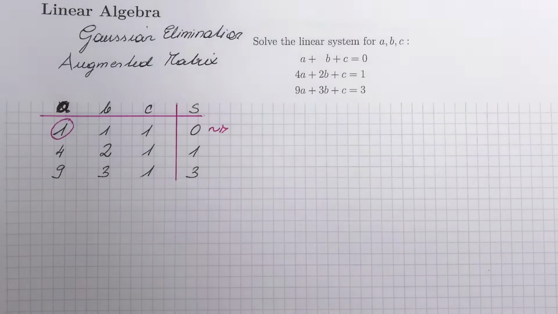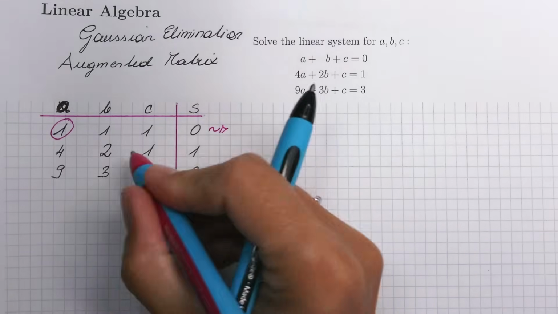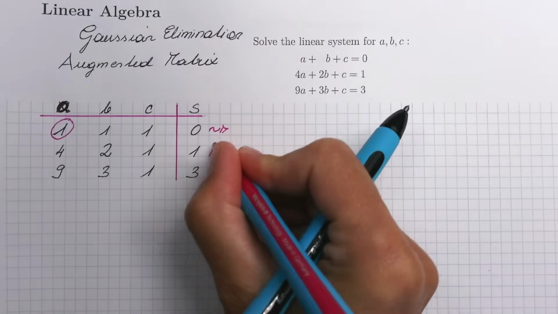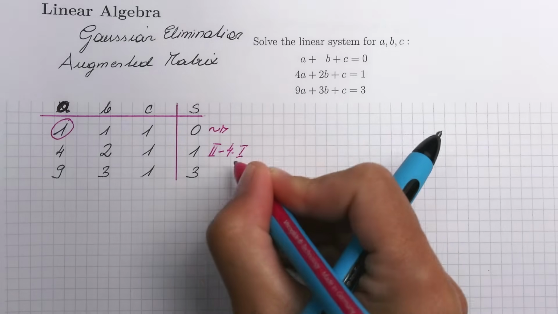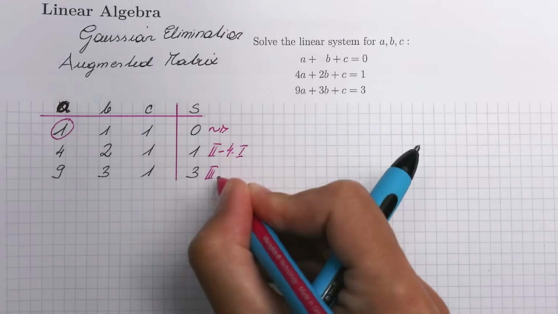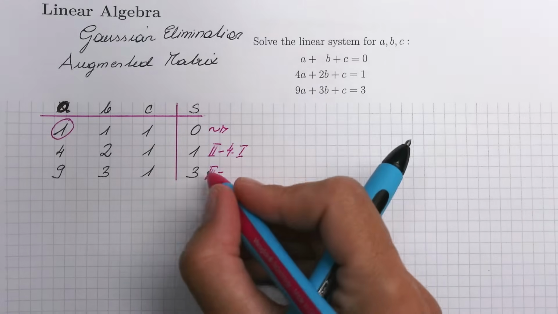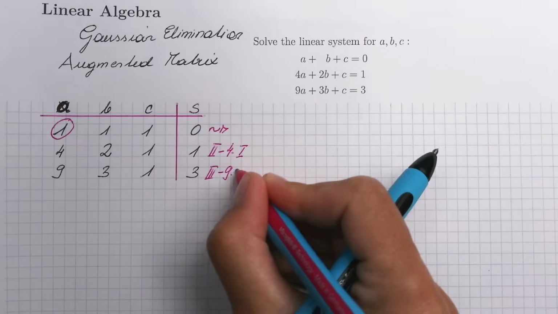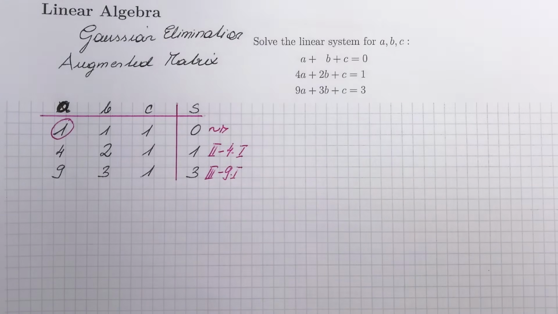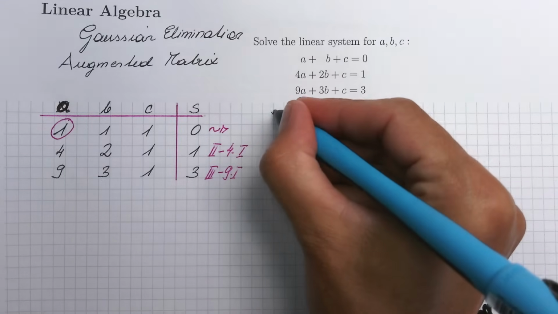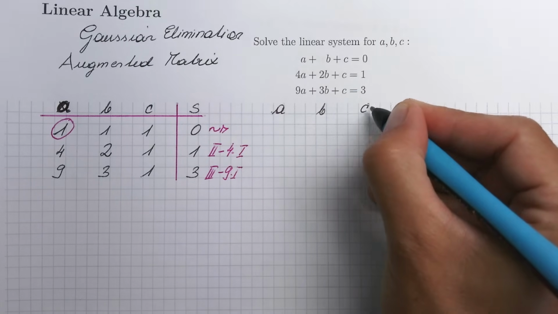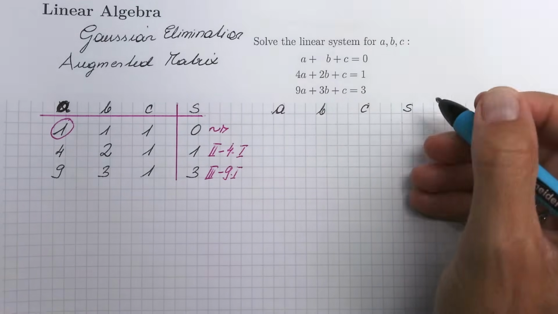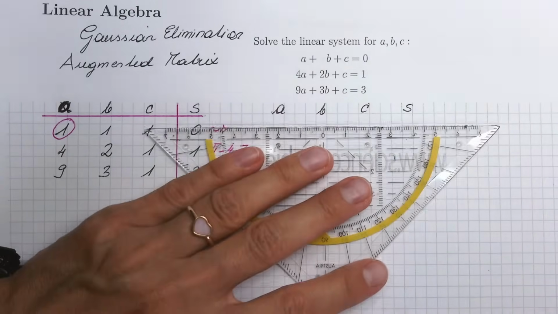We say line number 2 minus 4 times line number 1, and line number 3 minus, let's guess, 9 times line number 1, and we get a new matrix, again for a, b, and c, and here the solution on the right side.